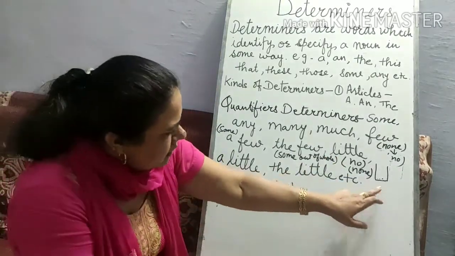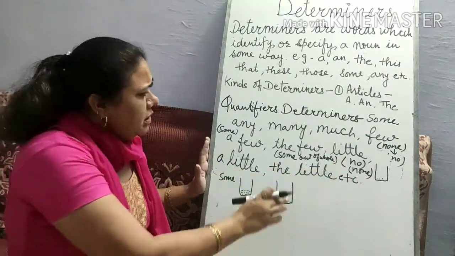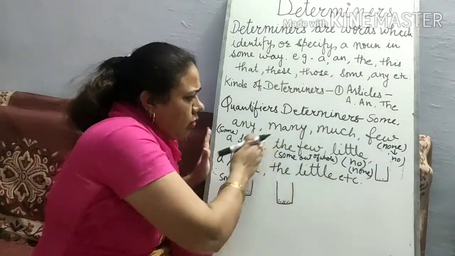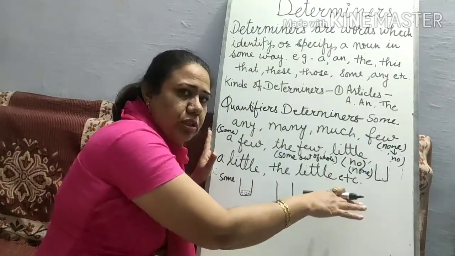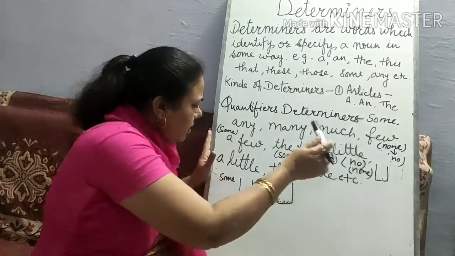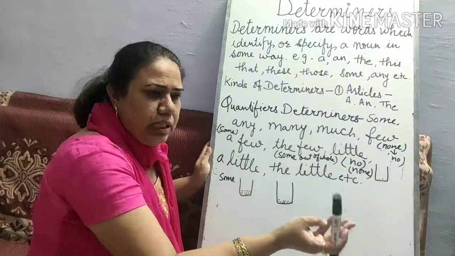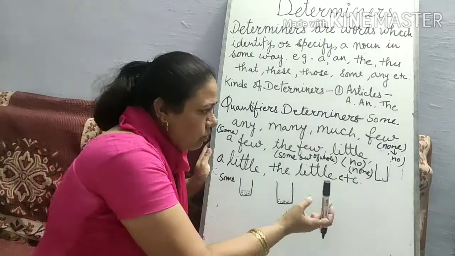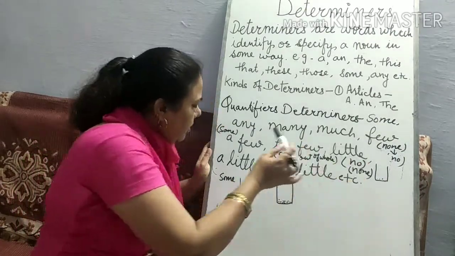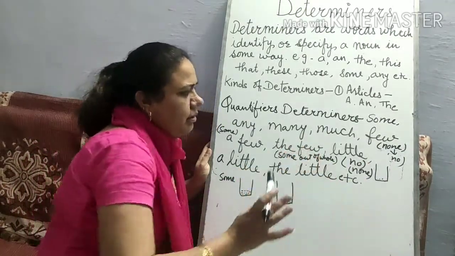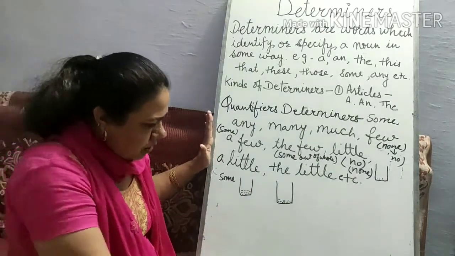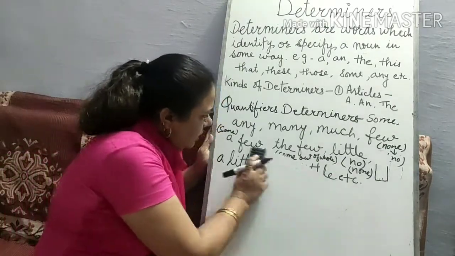So you can understand the difference: few we use for countable and little we use for uncountable. Little we use for water also, for milk also, a little and the little. So you understood it.